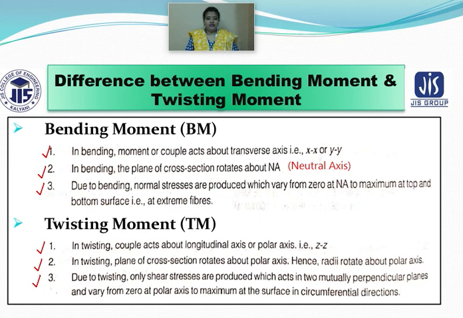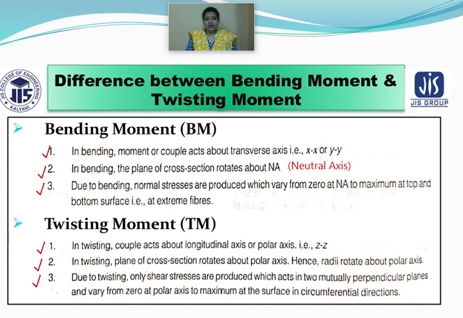To summarize this particular slide, now that we are aware of what bending moment and twisting moment are, the most basic difference is the axis of rotation, then the plane of the cross section through which they get rotated, and next where we obtain the maximum stress.